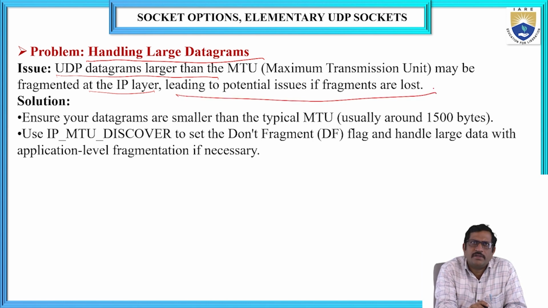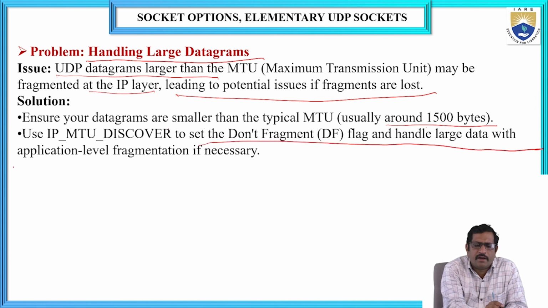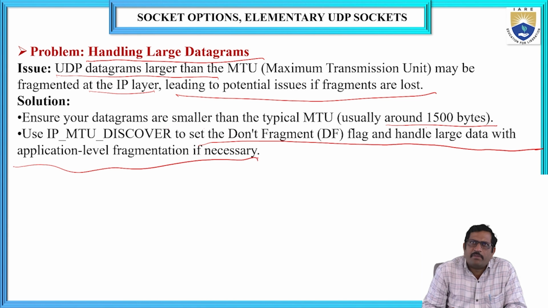Fragmentation will arise, leading to potential issues if the fragments are lost. The solution is to ensure your datagrams are smaller than the typical MTU, usually around 1500 bytes. Use IP MTU discover to set the don't fragment flag, and handle large data with application-level fragmentation if it is necessary.